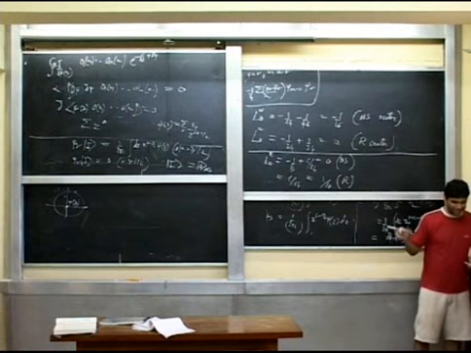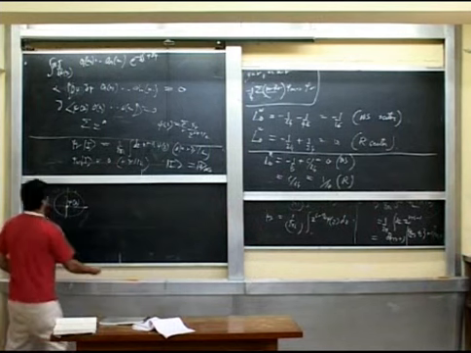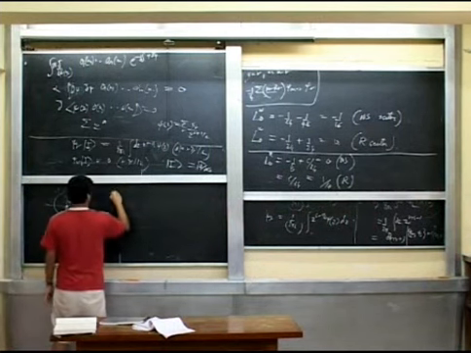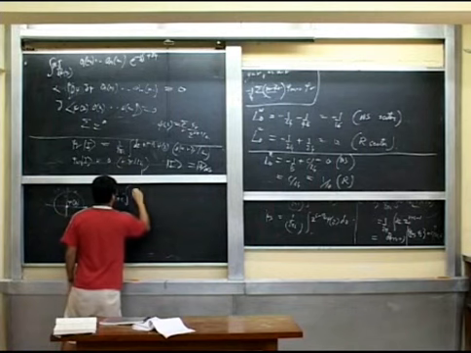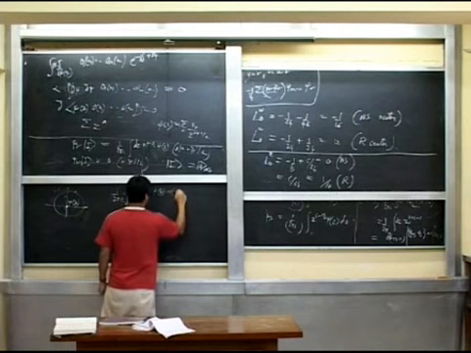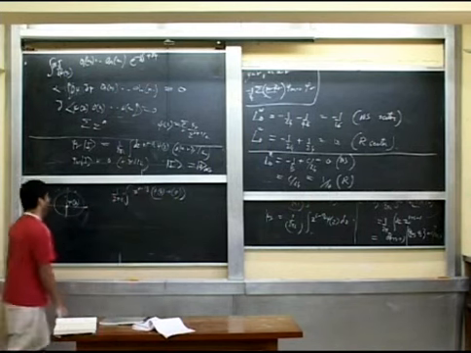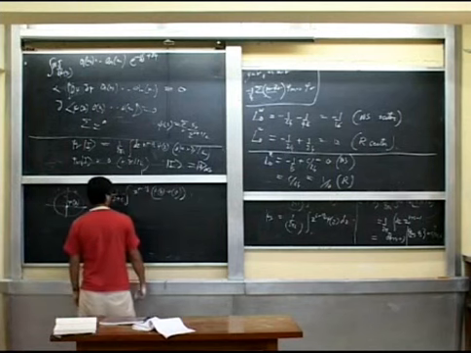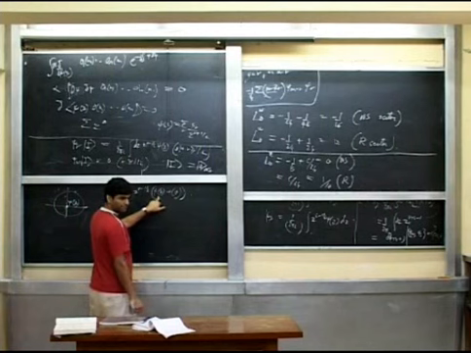We have psi of z with psi of 0. Excellent. So we've got 1 over 2 pi i, the contour integral of psi of z times z to the power r minus half, times psi of z psi of 0, and then 1 by z.